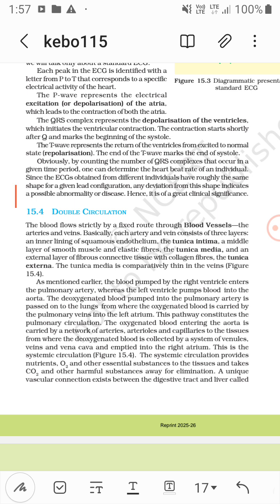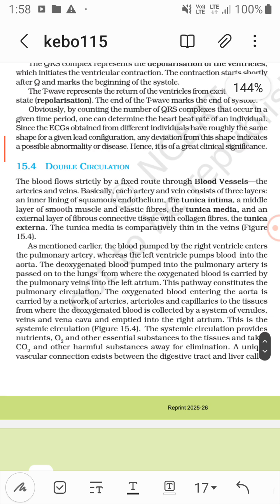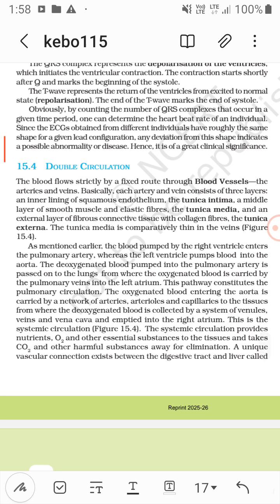The middle layer is the tunica media, made of smooth muscle and elastic fibers. And the external layer of fibrous connective tissue with collagen fibers is the tunica externa. But the tunica media is comparatively thin in the veins.